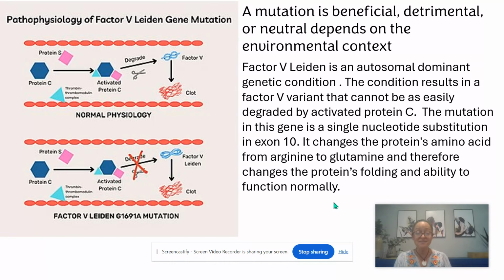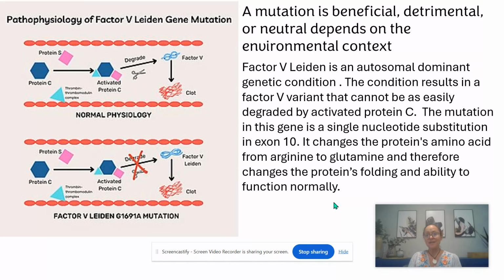But in prehistoric human times, this mutation would actually give them a benefit in particular environments because it reduced blood loss during injury, or women in childbirth were less likely to hemorrhage and bleed out, or wounds would heal faster. The clotting factors would happen faster, so there'd be less blood loss. It's also hypothesized that it would contribute to less anemia in females. And so this mutation in the past was an advantage, and therefore by natural selection was selected for.